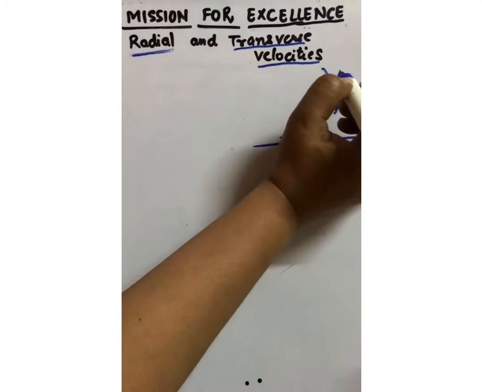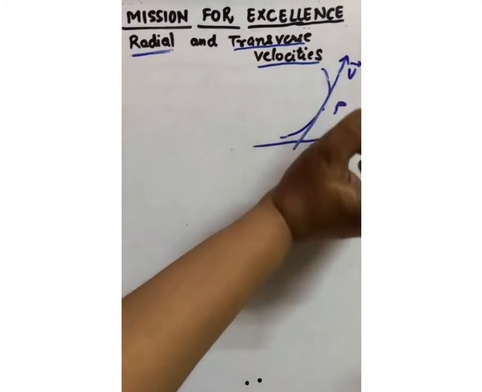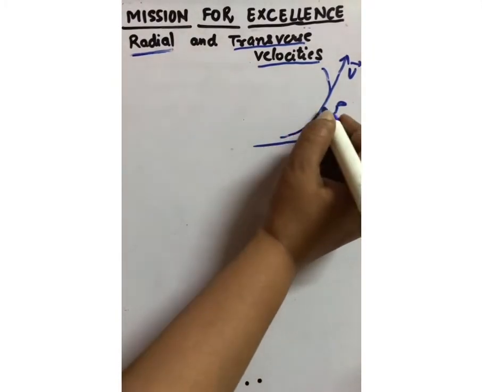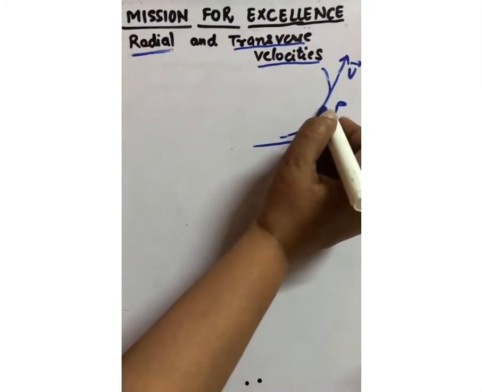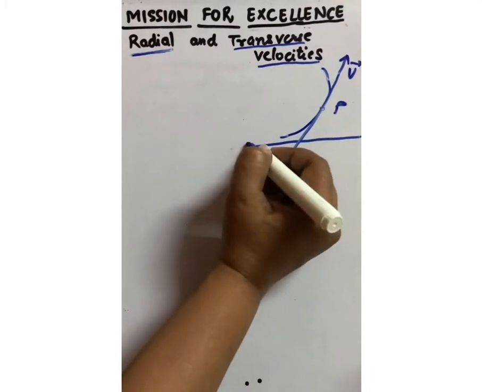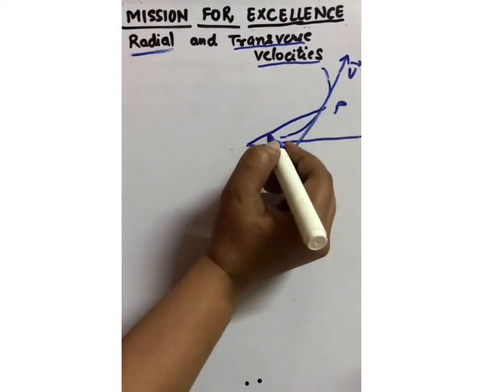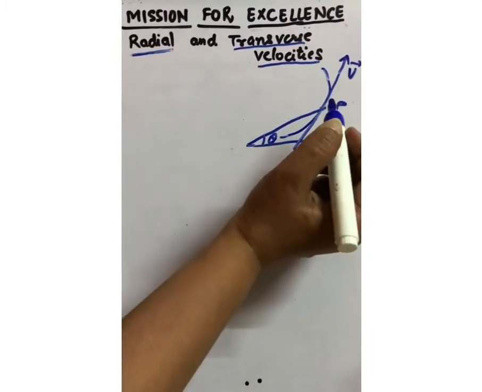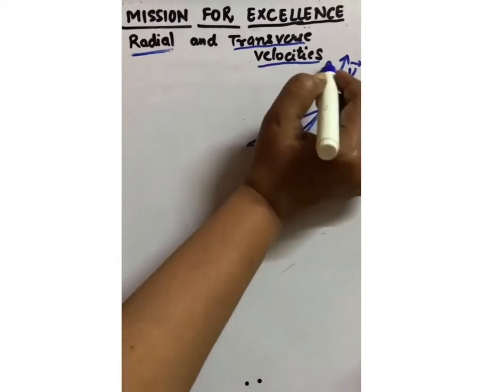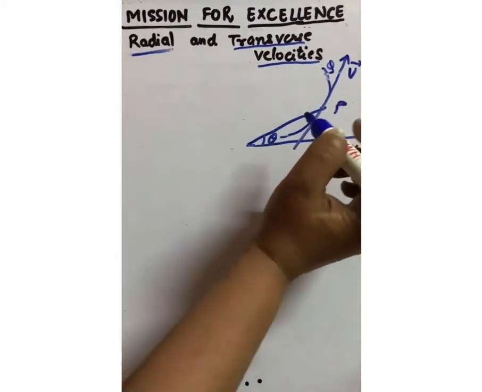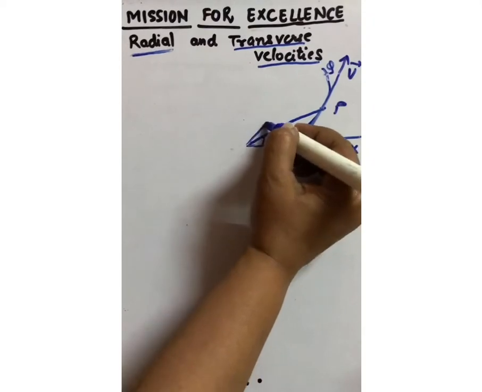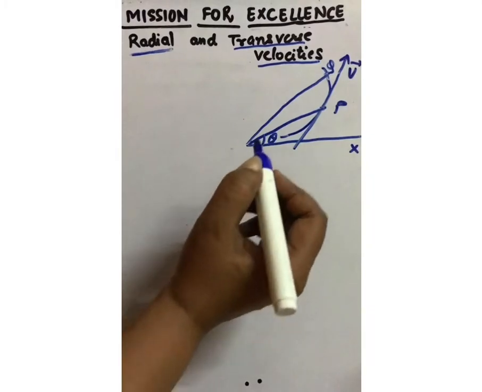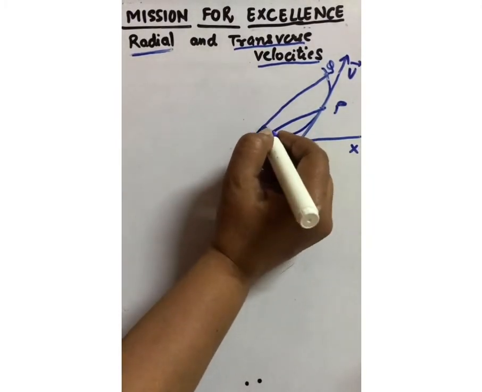So let us take the velocity in this direction, v, and this is the position of the particle at any time, and let us take it makes an angle theta with the x-axis. After some time it reaches the point Q, here, and let the change in this be delta theta.